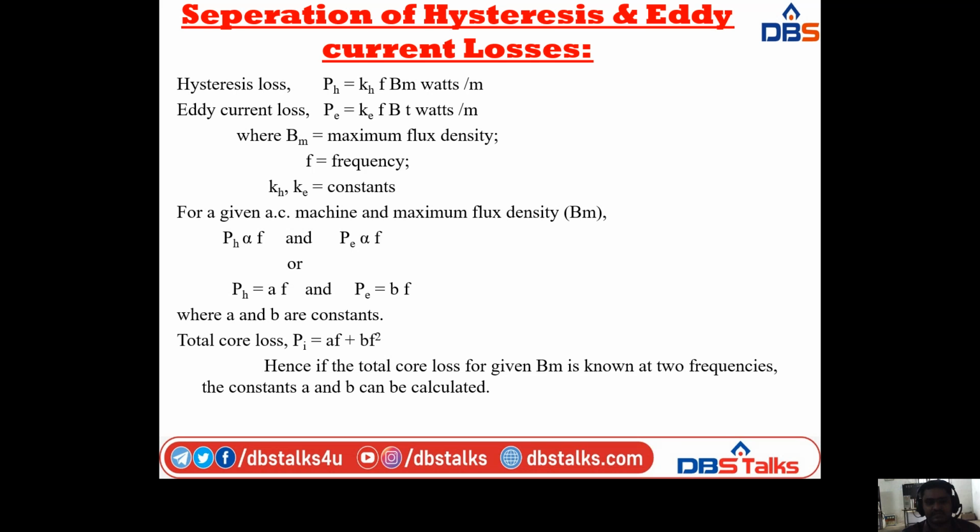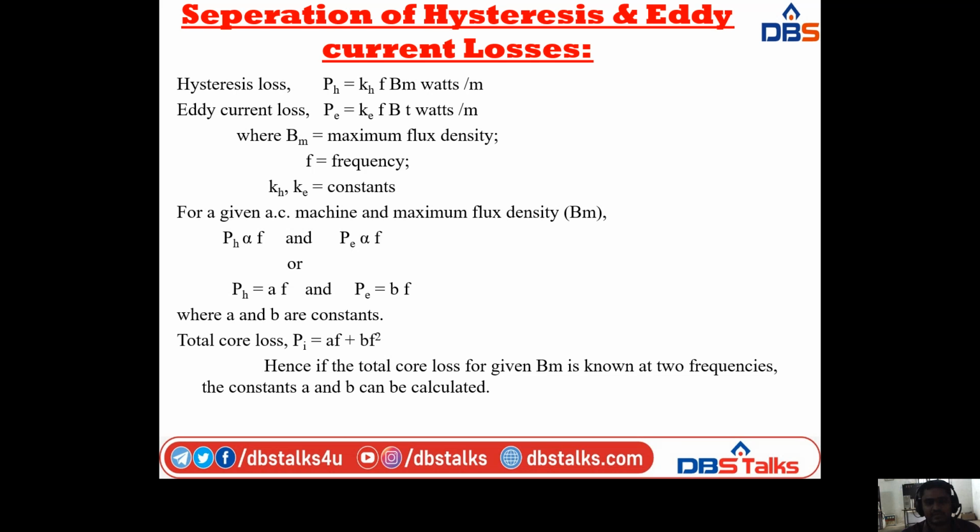Hence, if the total core loss for a given maximum flux density Bm is known at two frequencies, the constants A and B can be calculated.